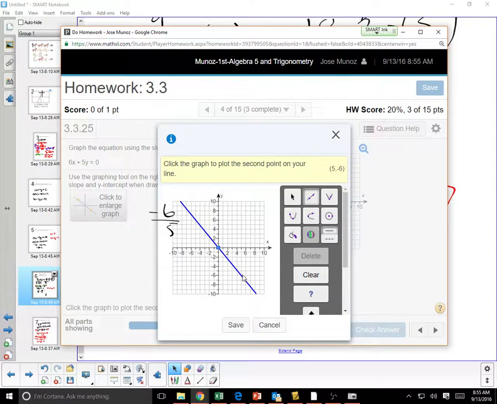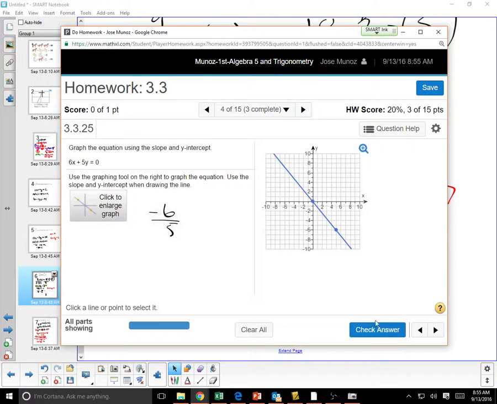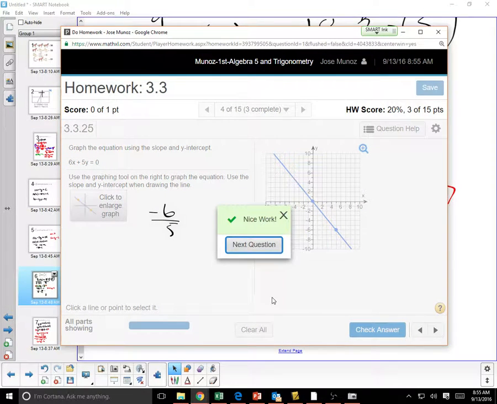So my coordinates should read 5 comma negative 6. And there it is. Save it. Check it. Well, so you just make one of them the opposite? Yeah, you make one of them the opposite when you're going this direction. If you're going to put it to standard form, you got to make sure that the x is always positive there. Okay?